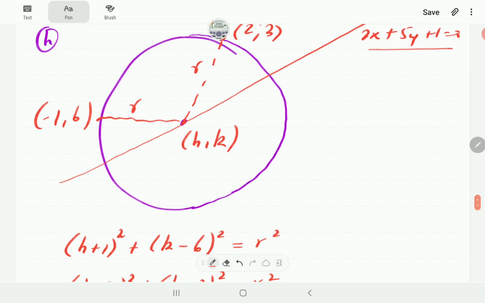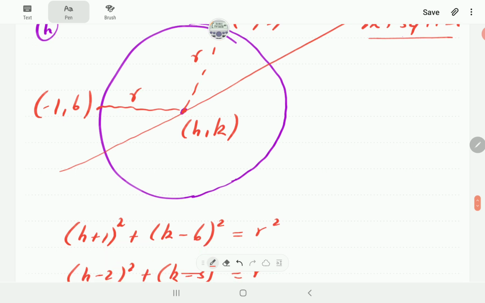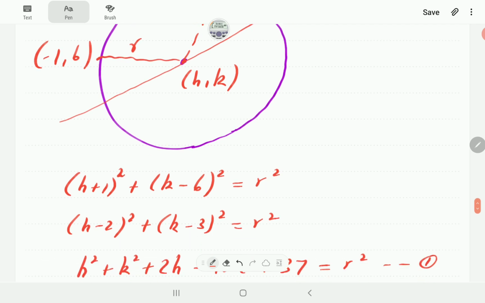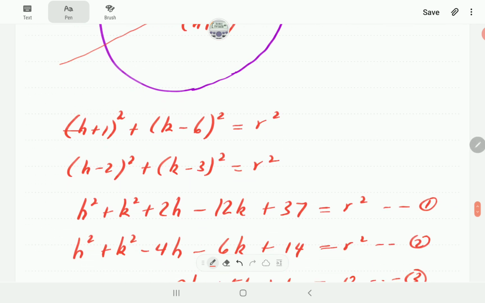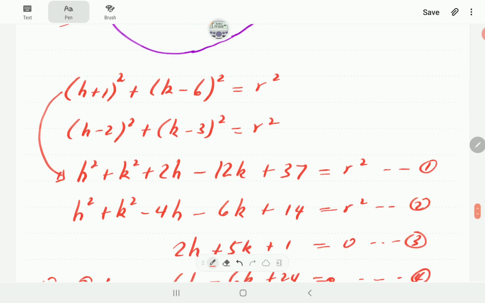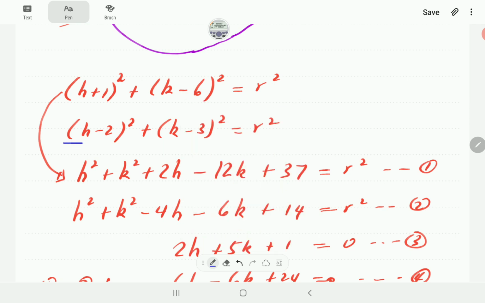So from this one we can write this equation, and from the other one we can write this other equation here. If we expand this one, we're going to get what we've labeled our equation 1, and if we expand this other one, we're going to get our equation 2.